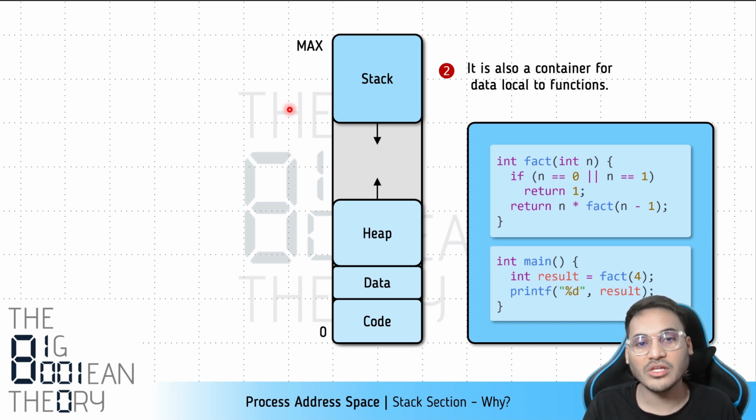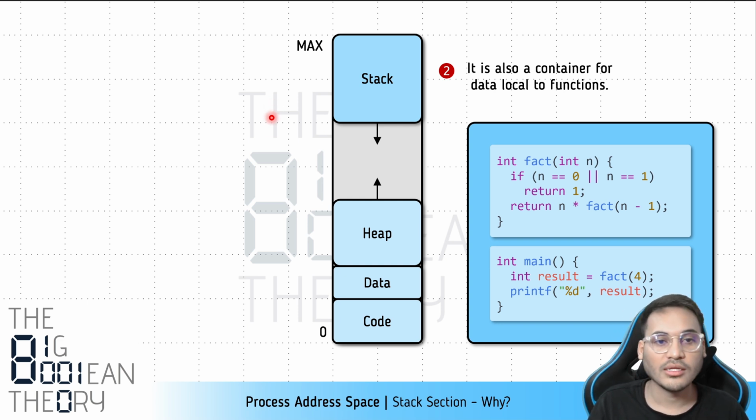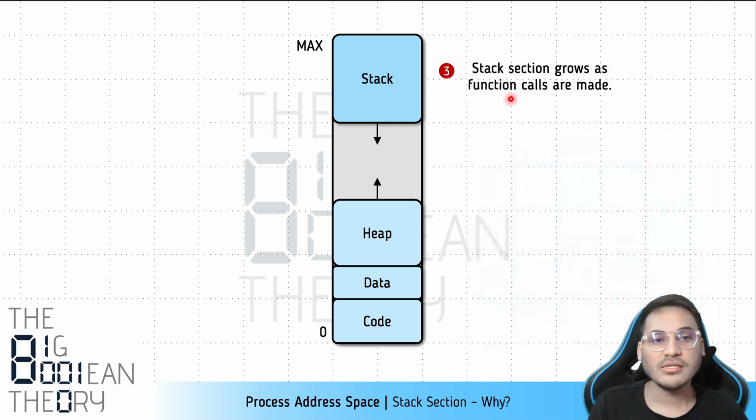The stack region will be used to store data related to each function, and within that we will specifically store the arguments and the local variables. So the stack section is used for the storage of variables which are local to functions, or which are defined in the function body.